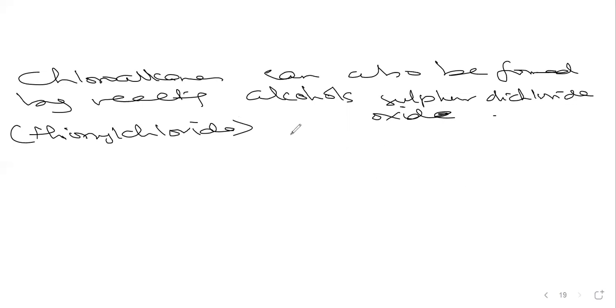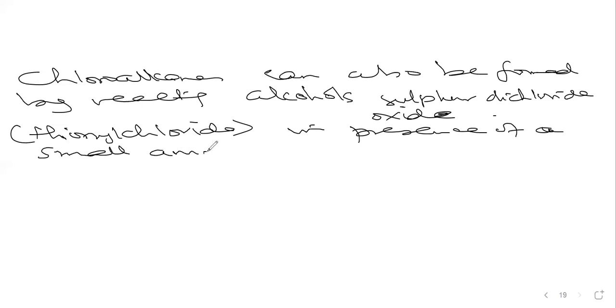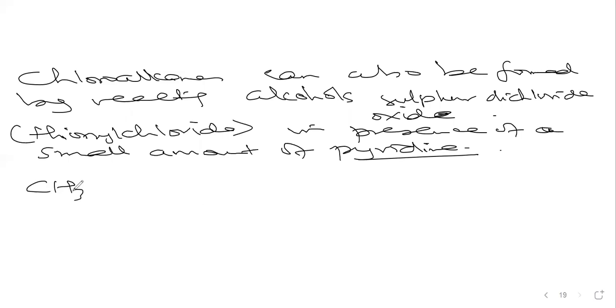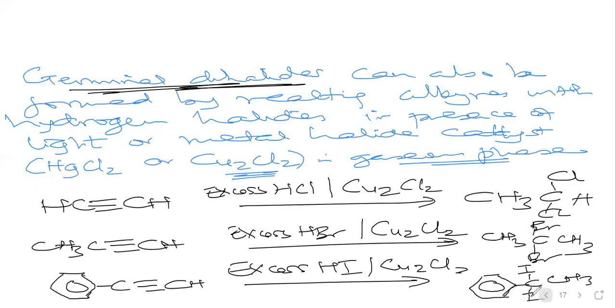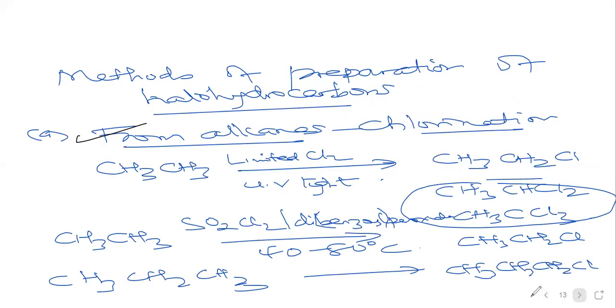This reaction is done in the presence of a small amount of pyridine. Pyridine is a benzene ring with a substituted nitrogen atom in it. You can look up that structure in case you want to know it, but in our synthesis, we don't usually draw that structure. For example, if I react ethanol with thionyl chloride, dear students, I don't want you to confuse thionyl chloride with sulfuryl chloride. Sulfuryl chloride is this reagent here.